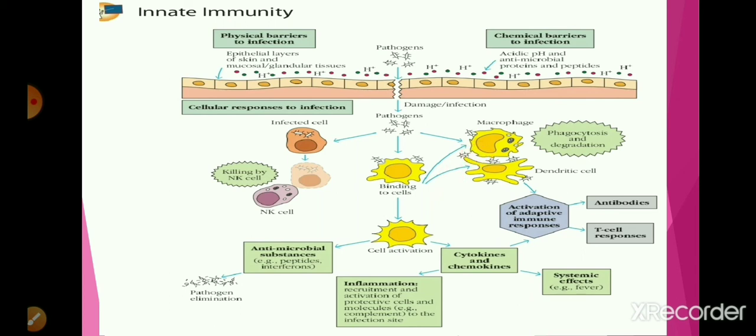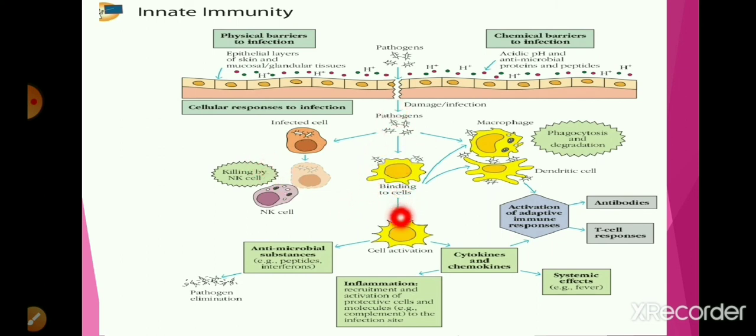We know what is meant by phagocytosis: engulfing of microorganisms. Macrophages, dendritic cells or neutrophils try to eliminate them by engulfing them through phagocytosis. If the pathogen infects some cell in our body, then the natural killer cell can kill this infected cell.